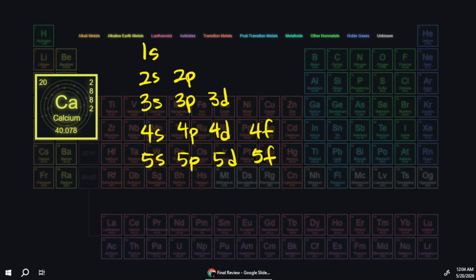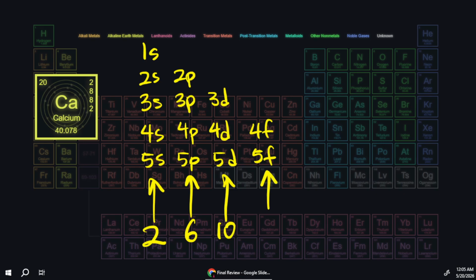So remember, all my s's have exactly 2 electrons. P's can hold 6 electrons. D orbitals can hold 10 electrons, and F orbitals can hold 14 electrons.